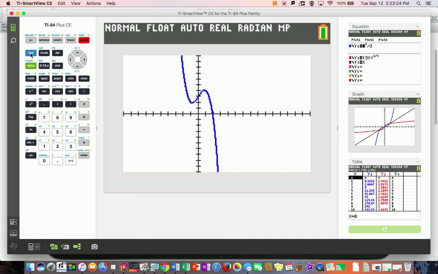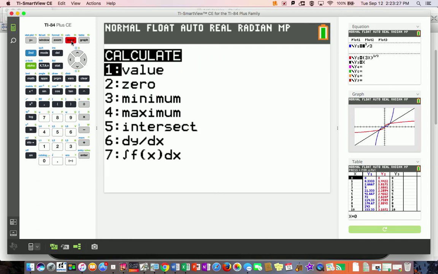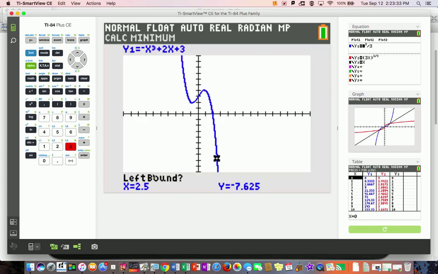So we go second, trace, which brings me into the calculate menu. We're going to do a minimum first. So I'm going to hit number 3. We're going to look for the minimum. Now it's telling me to get on the left side of my minimum, and my cursor is way over here. So I'm going to have to hit this quite a bit to bounce it to the other side here. We got to get to the other side of the minimum. And there we are. I'm on the left of the minimum.